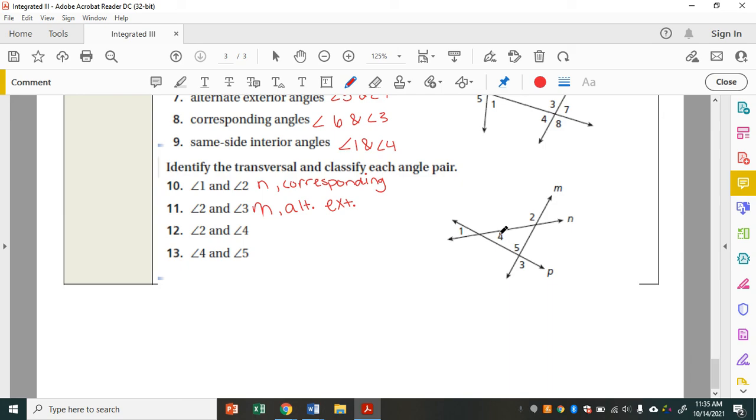Angle 2 and angle 4, the transversal here would be line N. Those are going to be alternate interior angles. And angle 4 and angle 5, your transversal will be P, and those are same side interior angles.